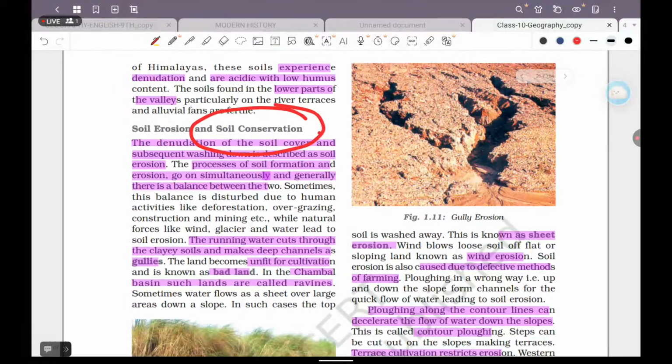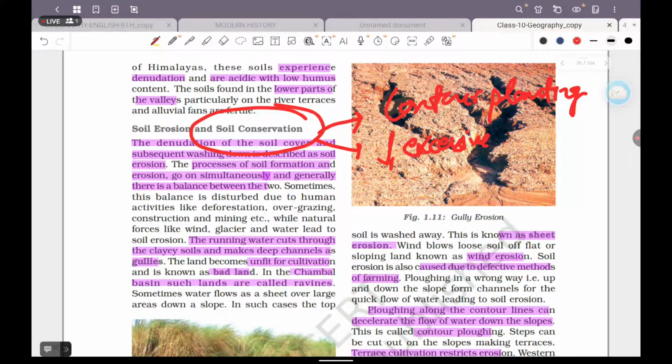So for soil conservation, like in the Himalayan region where the steep slope है, वहाँ पे we should use the contour planting, और reduce the excessive overgrazing, afforestation.